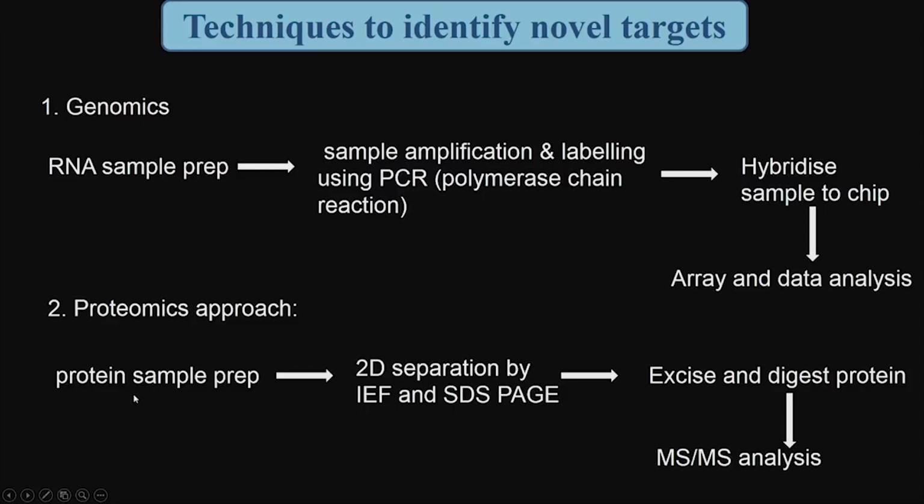So, we take a protein sample, we separate out the protein mixture using a two-dimensional gel based on isoelectric focusing. Isoelectric focusing, that is the pH at which the protein charge is 0, that is the isoelectric point, and then a second dimension based on molecular weight.